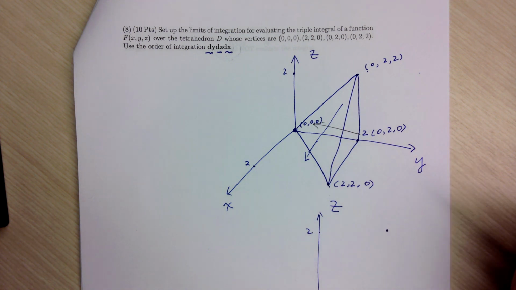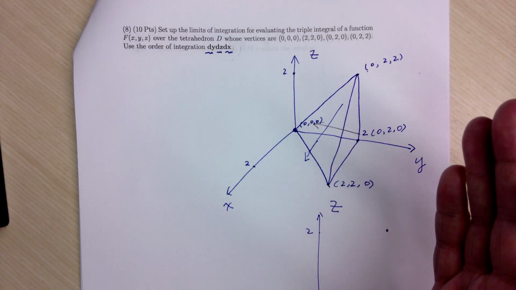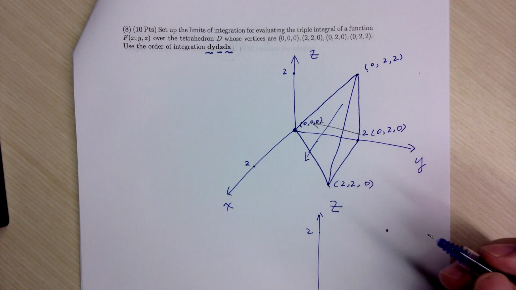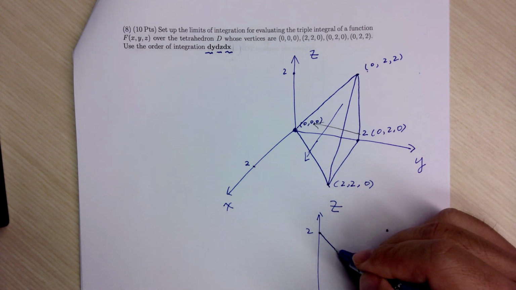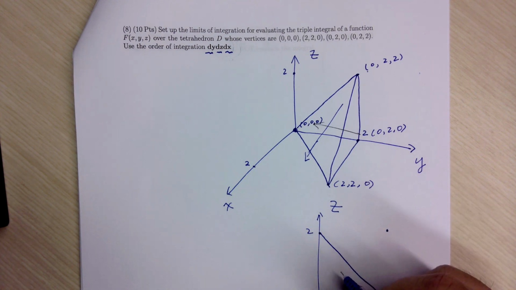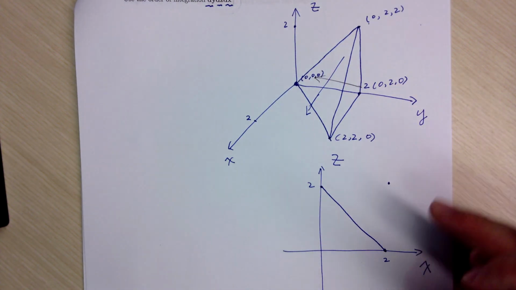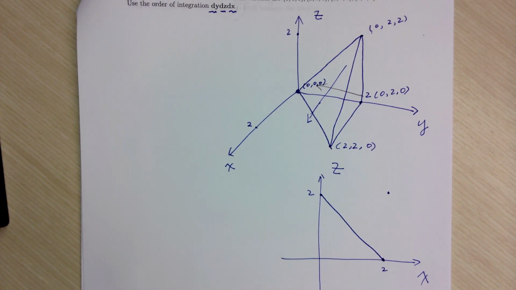This is also going to be 2 here, right? So if you think about the projection of this onto the xz plane, it turns out that this is going to be the region here. So this is kind of the pre-setup for how to think about this problem.